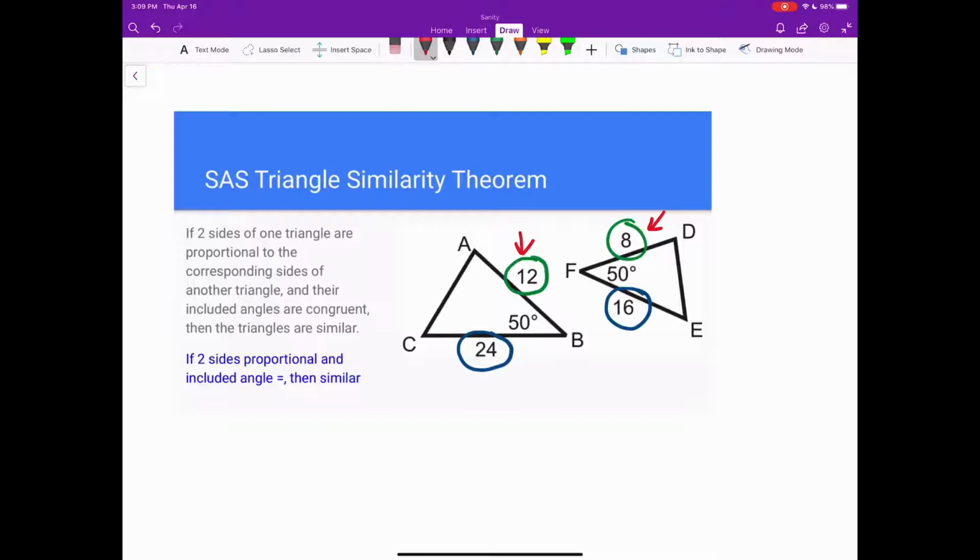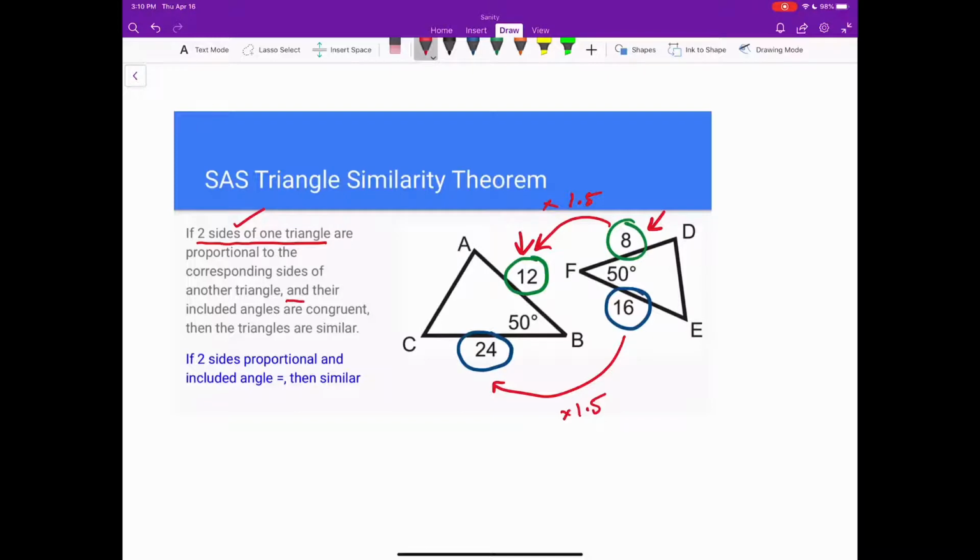All right, what do I got? If I've got two sides of one triangle that are proportional, which we do have in here, right? Again, we're using the same scale factor that I used before. If I can multiply this 8 by a scale factor of 1.5, and if I can multiply this 16 by a scale factor of 1.5, they're the same scale factor. These sides have to be in a common proportion. All right, so that takes care of that part.